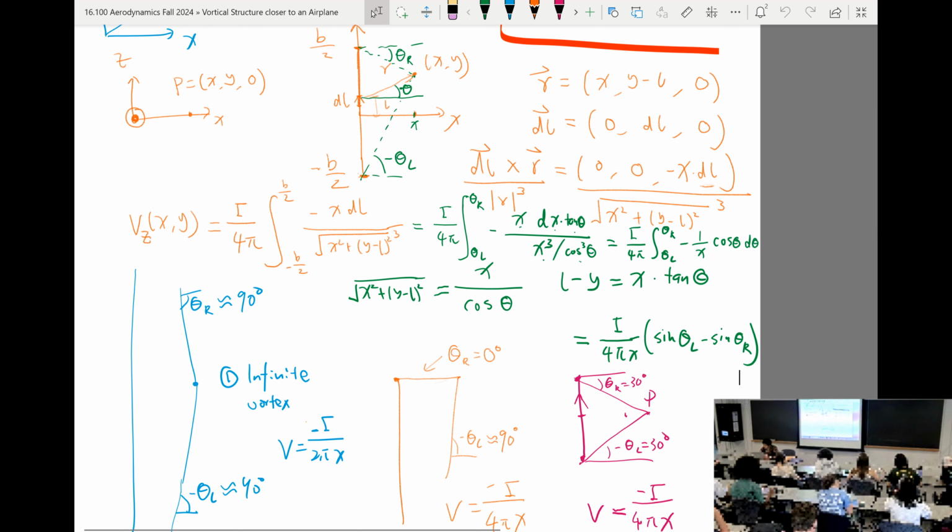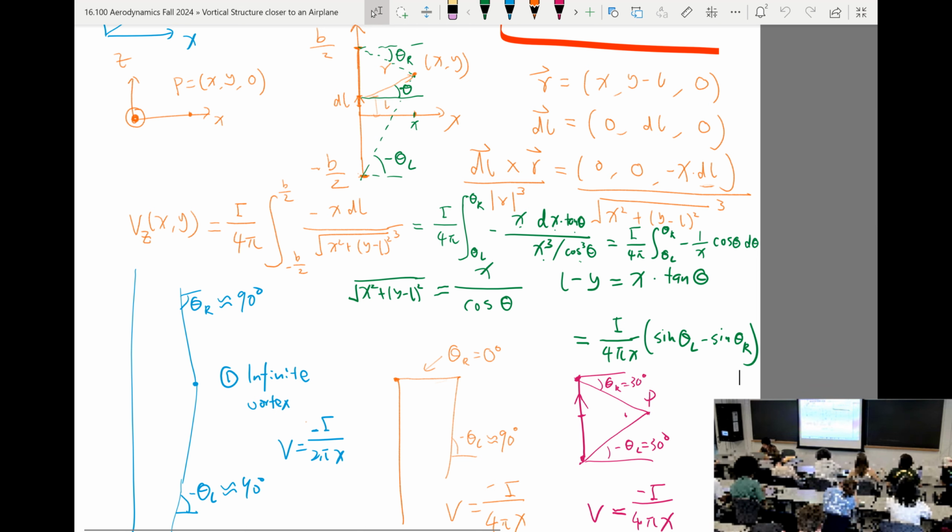So after you perform the change of variable, basically what we get is gamma over 4 pi. And now it's interesting, the bounds of the integral can really be thought of as two angles. One angle, let me say, is minus theta L, and the other angle is theta R. So basically the angle from the left wingtip and the right wingtip.